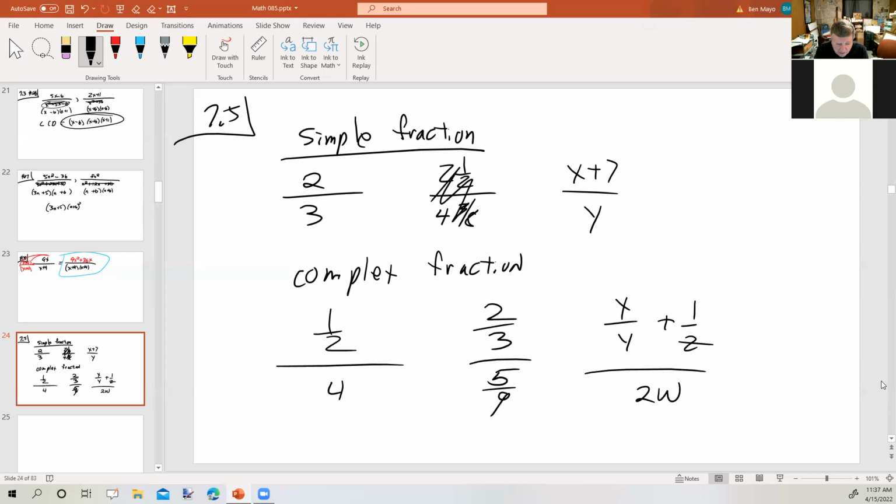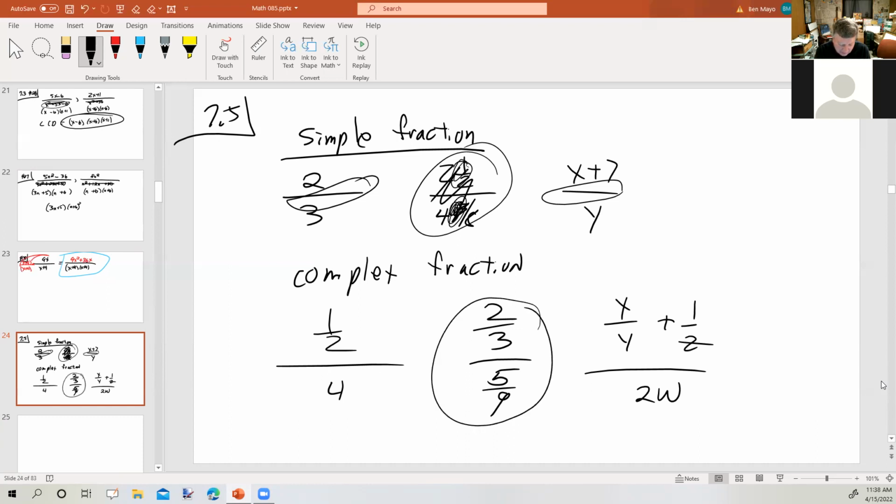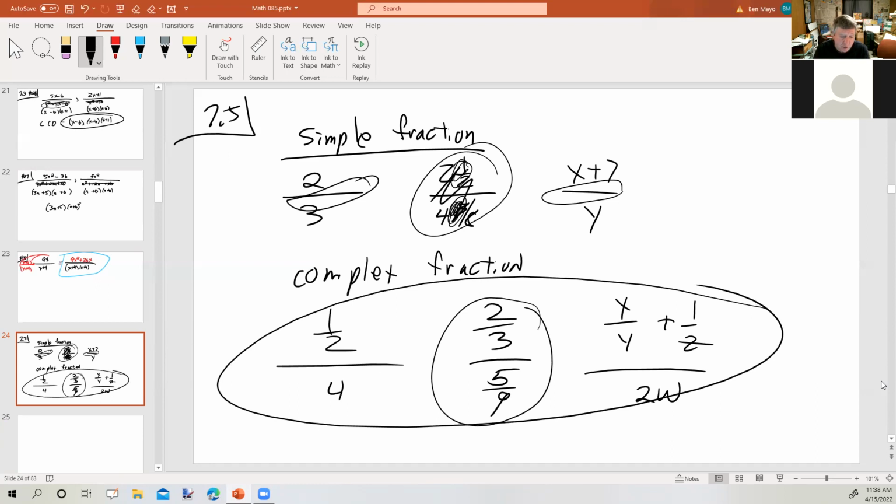That's a complex fraction. So with a simple fraction, you just have the one big fraction. Now, why didn't I do that? Because that would have been an improper fraction over an improper fraction if I'd taken it further. That's why it wasn't a simple fraction. But these complex fractions, there's more than one fraction, not just the big one, but maybe additional in the numerator or the denominator or both.